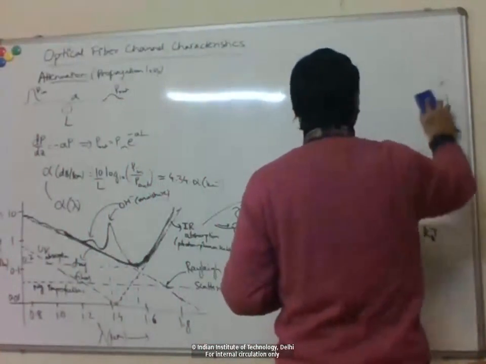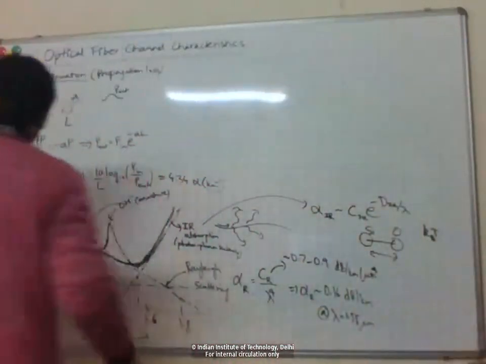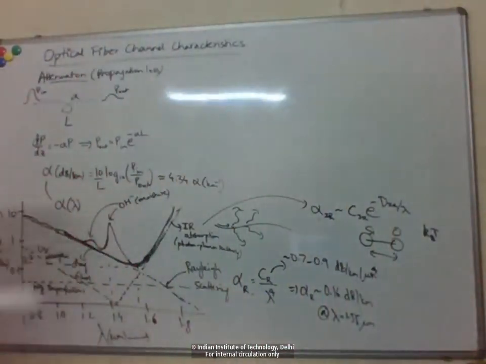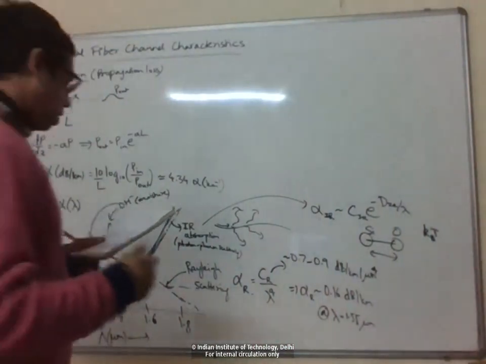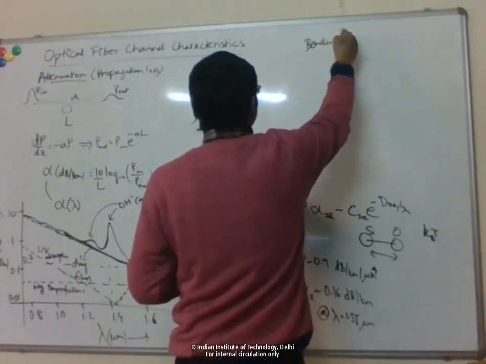This propagation loss just scales with length. So the total loss would be this alpha in dB per kilometer times the length of the link in kilometers. That would be the total loss in dB.